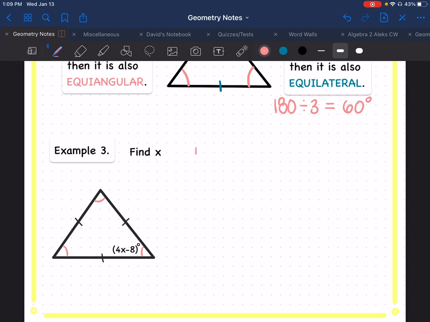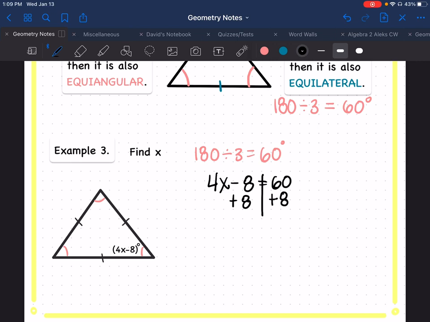I also know that 180 divided by 3, each one of them is 60 degrees. Okay, so what this means is I'm going to take that 4x minus 8 and set it equal to 60. And then I'm simply just going to solve this equation. Add my 8 and divide by my 4.